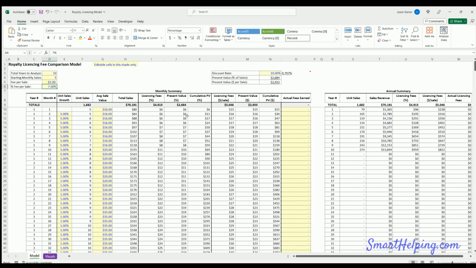So your licensing fee percentage is total worth 4,900. The dollar per sale is worth 5,000, and the present value is also higher on this fixed fee as well.